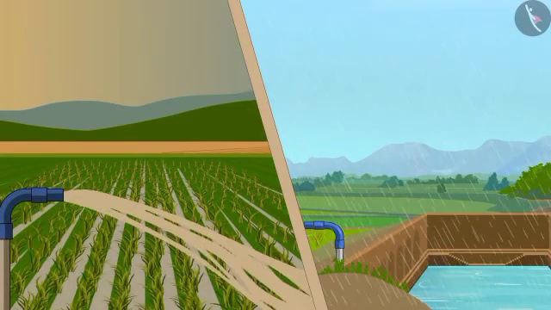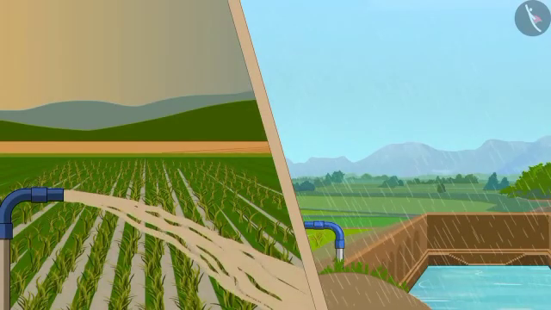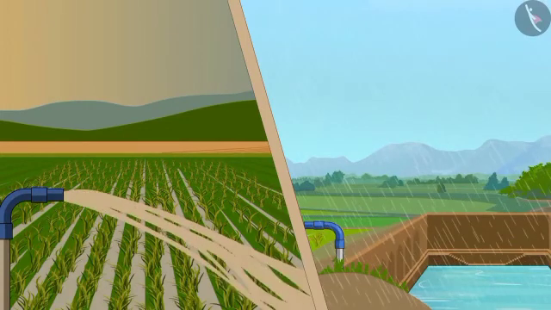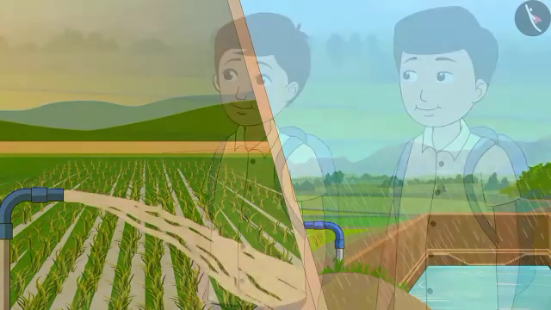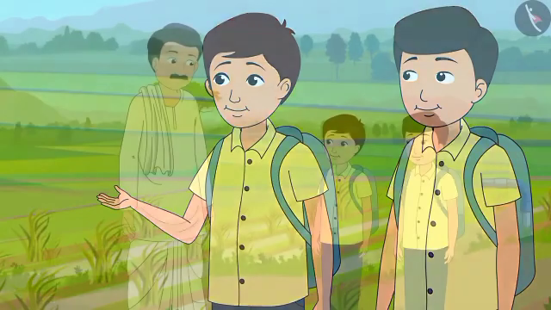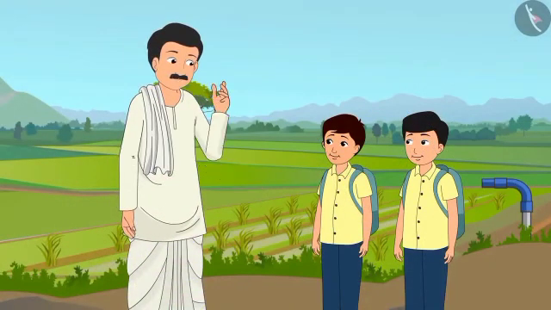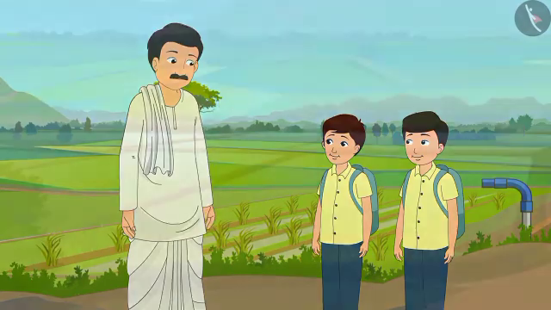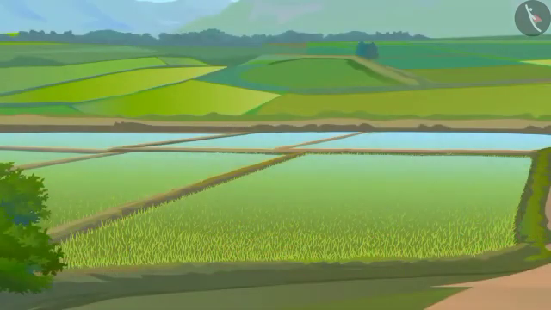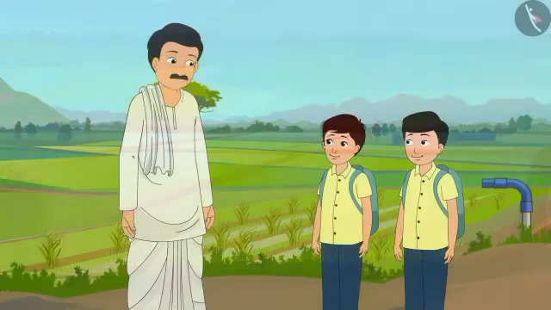In these wells, we conserve rainwater and use it for farming. Look, to save water in the field, we have made a platform. When the water gets filled in the field, the extra water goes to the field under it and also fills the other field.